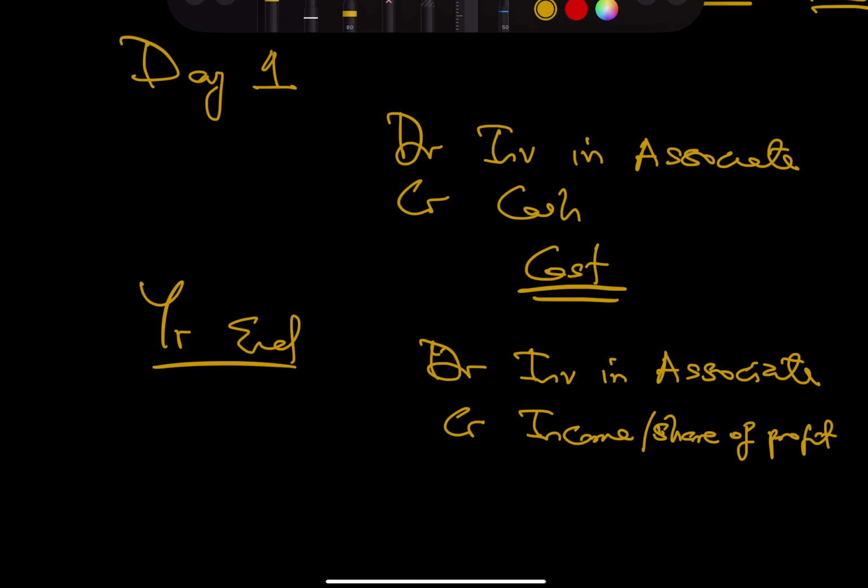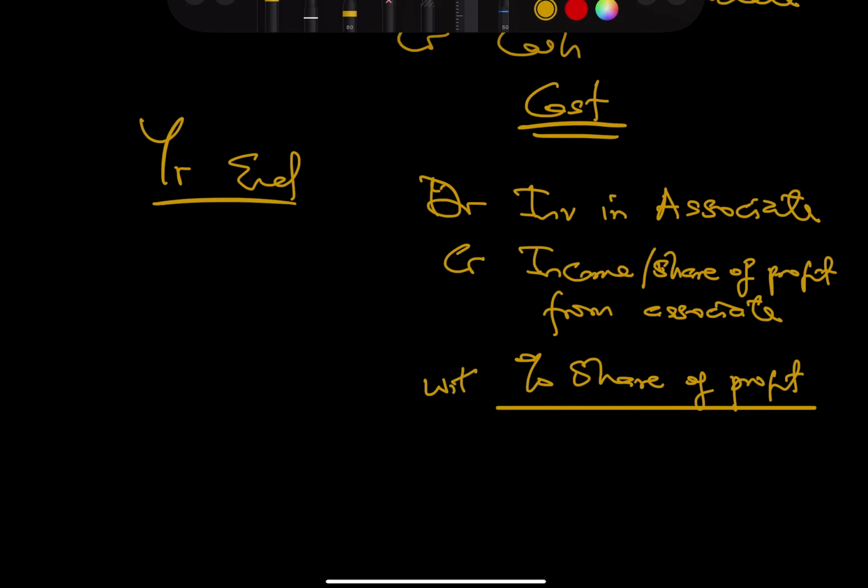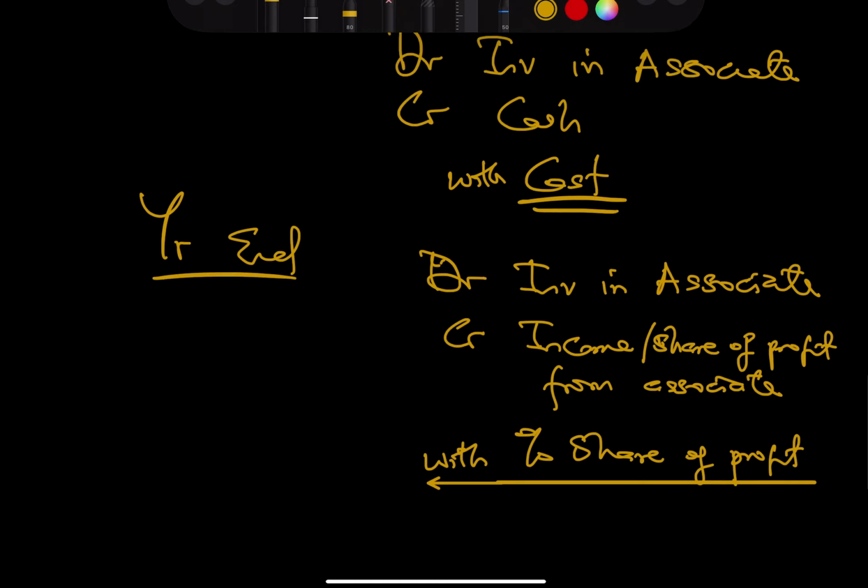And what amount? That will be the percentage share of profit. Just like we say, this one will be with cost, debit and credit with cost, but this is the percentage share of the associate that you will post like that.